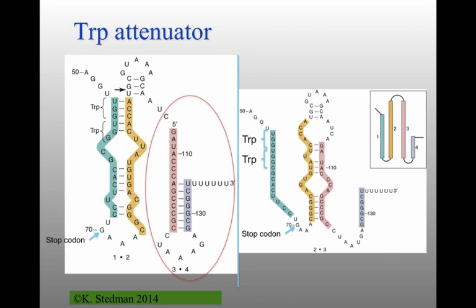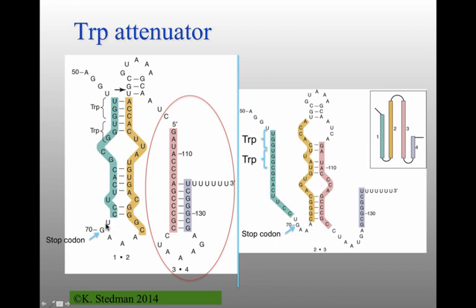Well, this secondary structure happens when you have enough tryptophan around that you can translate this particular piece of your RNA. If you can translate this piece of RNA, then the ribosome will have moved through these tryptophan codons and then gotten to this stop codon, which will give you this particular structure.